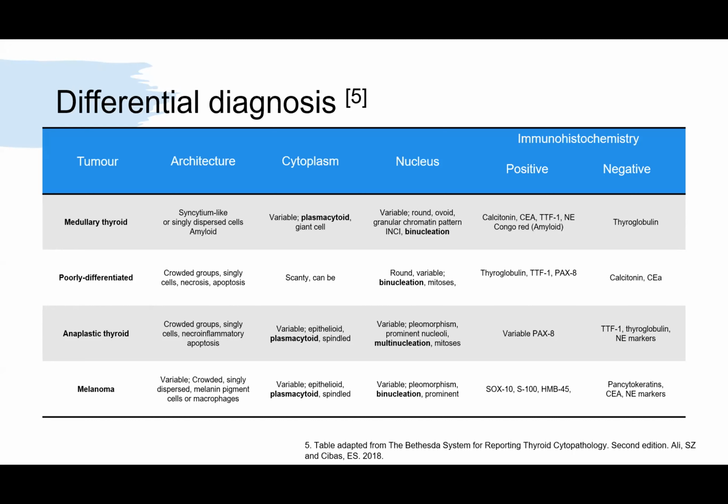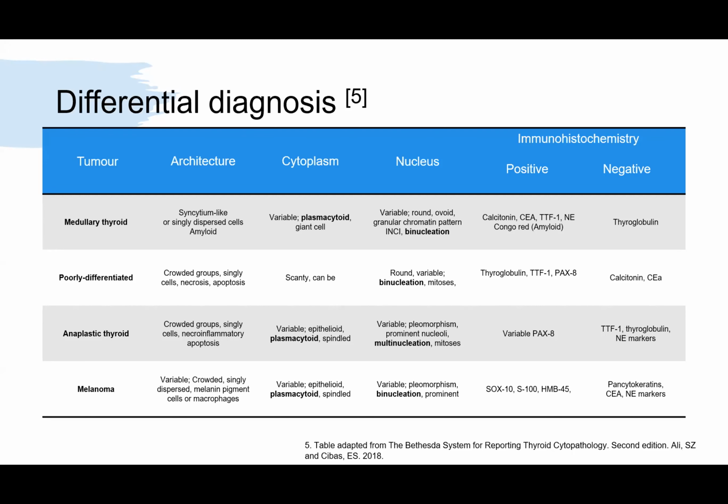This is very common with all of these tumors: medullary thyroid, poorly differentiated thyroid, anaplastic thyroid carcinoma, and melanoma. Binucleation and multinucleation are highly common. And these are epithelioid melanomas, with an epithelioid morphology, so there's going to be this overlap.